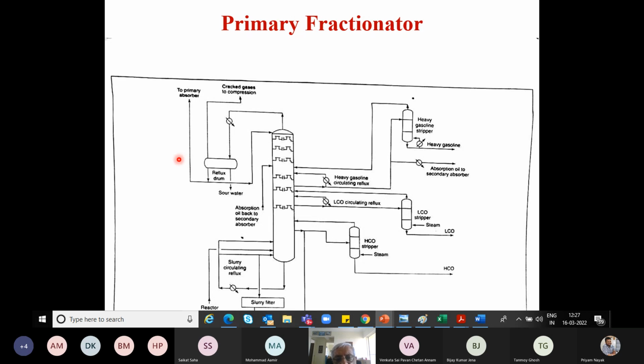These cannot be condensed, and we cannot operate this column at a higher pressure like we did the naphtha stabilizer. If you operate this at a higher pressure, the reactor would also have to be operated at a higher pressure, and that will not help in getting a higher conversion rate. So essentially, we want to keep this column at as low a pressure as possible, roughly about 1 atmosphere in the drum.